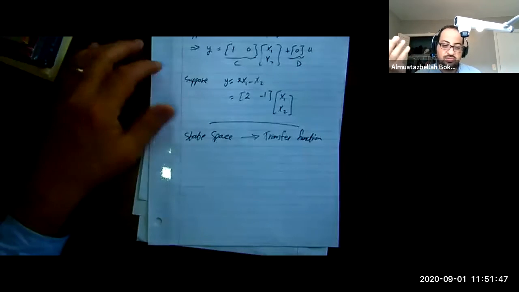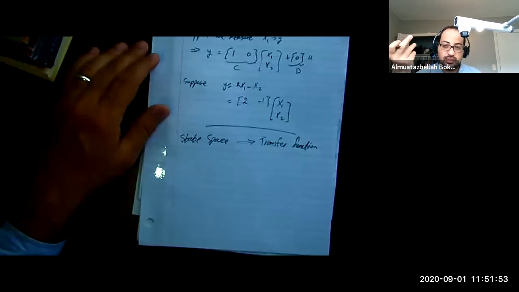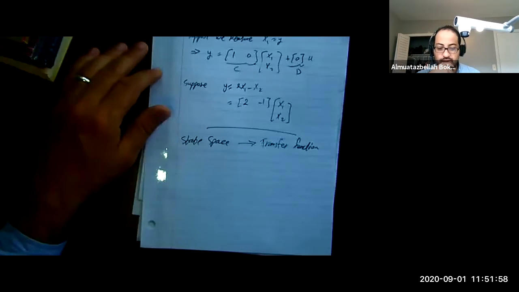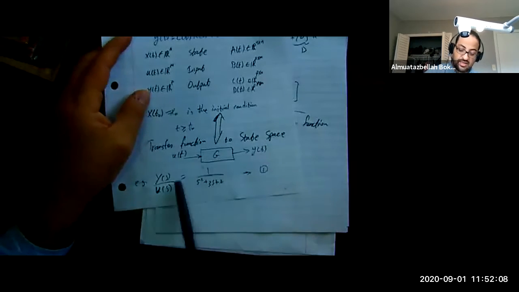Notice something here. When we talk about transfer functions, we talk about time invariant systems. Typically we talk about linear, time invariant systems, at least in this example here.